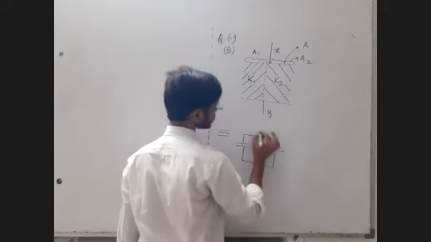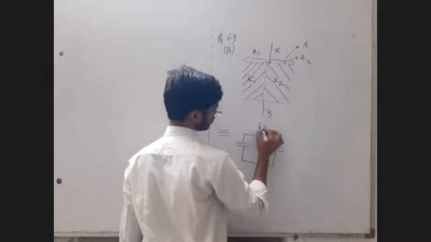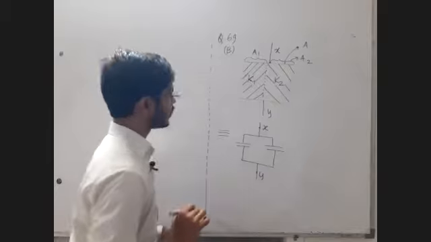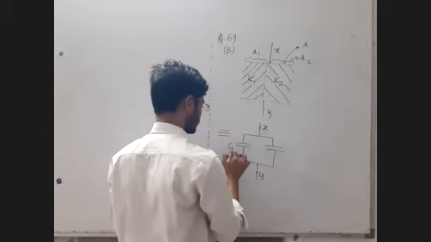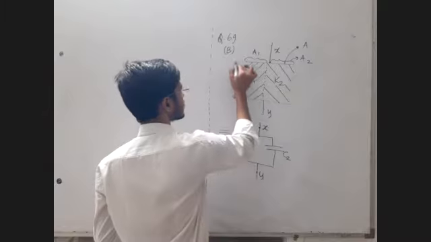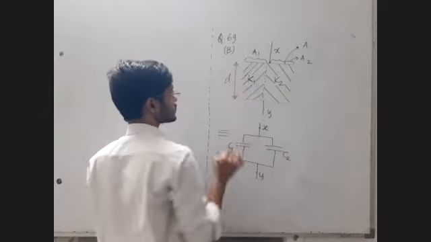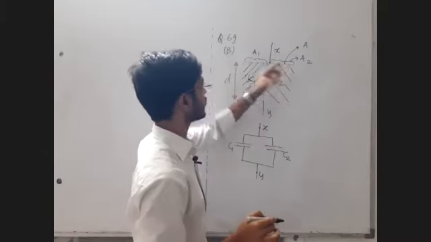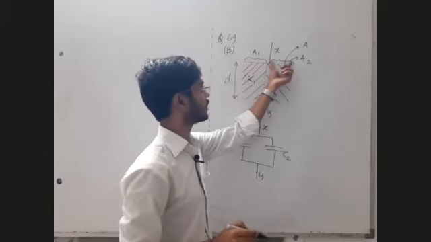But there you have to understand the following things. This is point X. This is point Y. Now this is the first capacitor C1. This is the second capacitor C2. Now see, the plate separation for both the capacitors is D and D. But now the areas are different, A1 and A2.